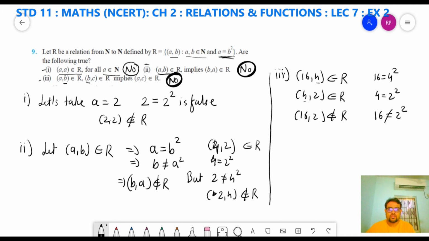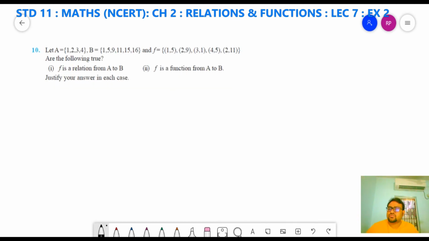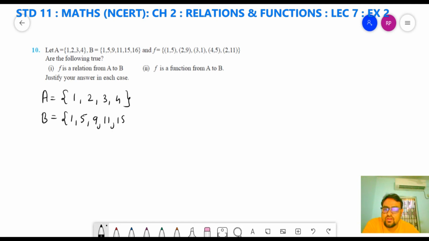Okay, now let's move to the next, that is question number 10. Question number 10. The set A is given 1, 2, 3, 4. Set A is equal to {1, 2, 3}. Set B is equal to {1, 5, 9, 11, 15, 16}.